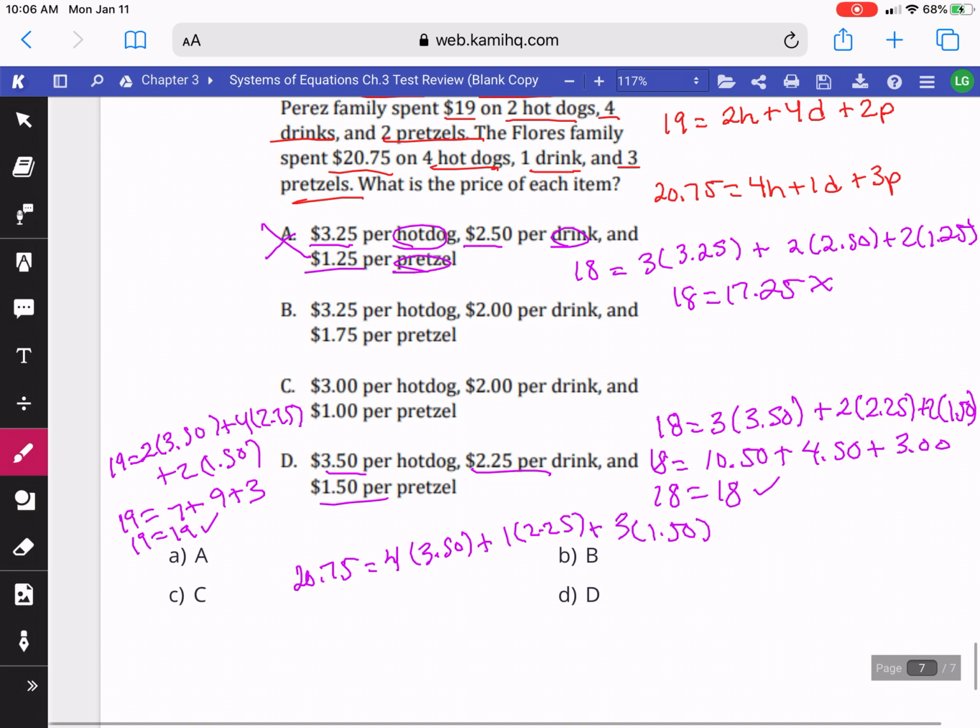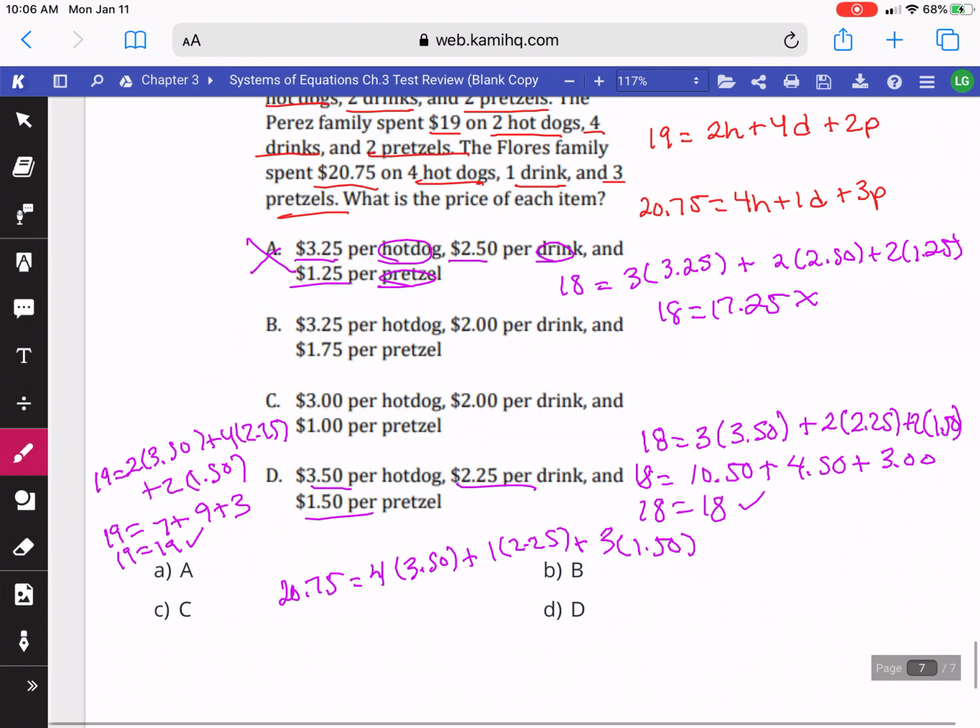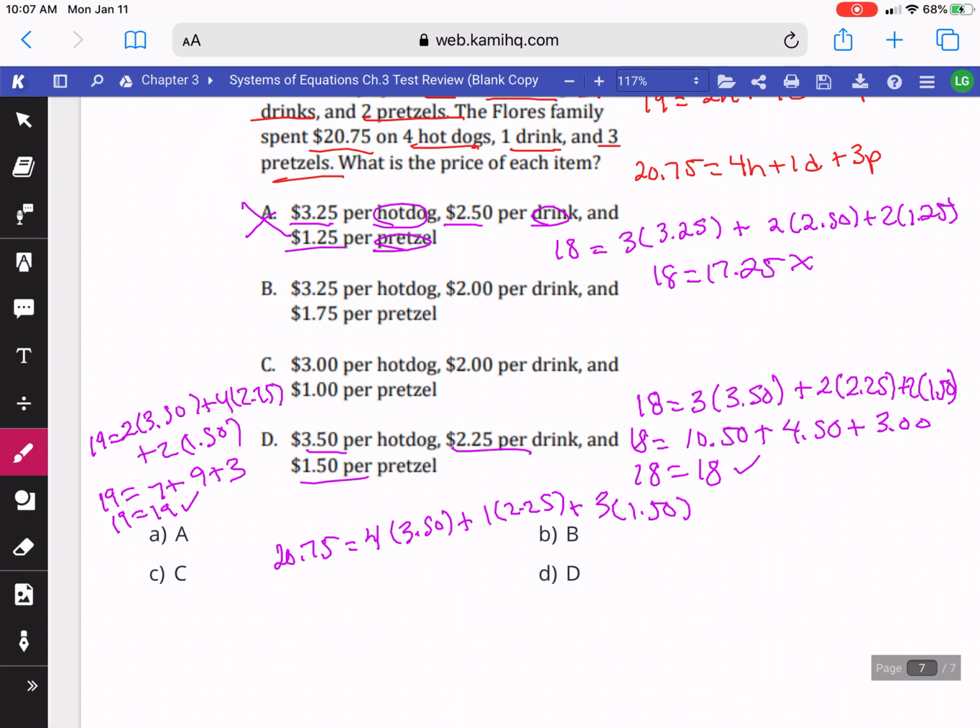And again, I'm using the equations that I wrote in red, and I'm checking all of them for answer choice D. So 4 times $3.50 would be $14. The next one's $2.25, and then 3 times $1.50 would be $4.50. I'm going to add all these together. And sure enough, it comes out to $20.75.